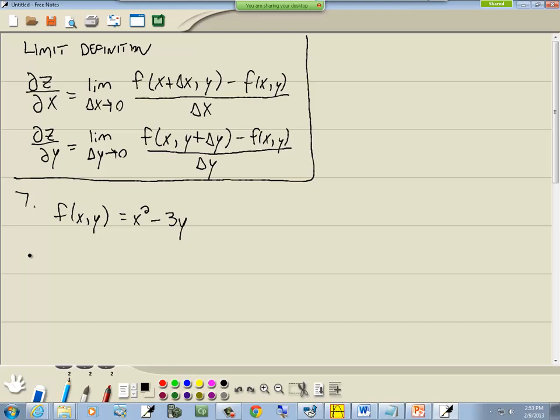We'll first find the partial with respect to x, and that's the first formula here. So the first thing we do is find f of x plus delta x, y. And then we just plug it into our formula.